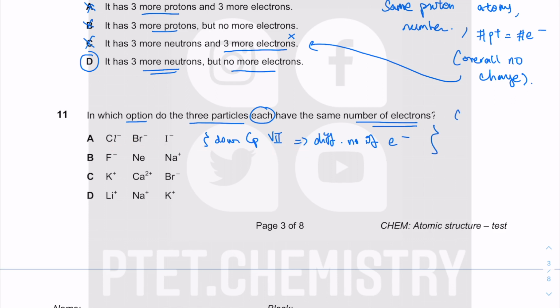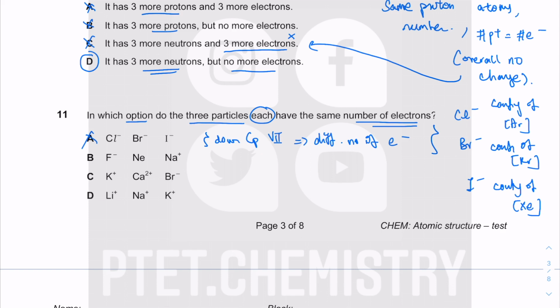If you think about it, chloride will have the configuration of argon, and then Br minus would have the configuration of krypton, and then the other one will have the configuration of xenon. And you can tell that, going down the group, it just doesn't make sense for them to have the same number of electrons.